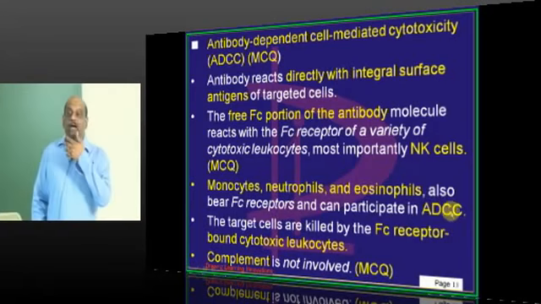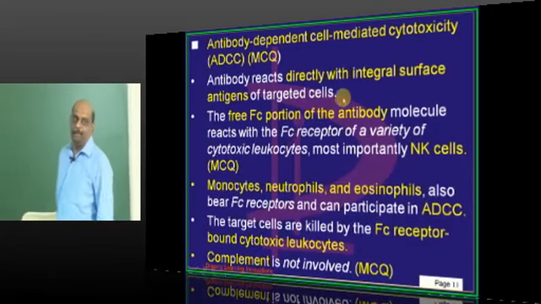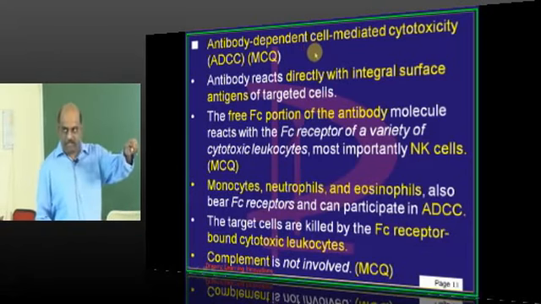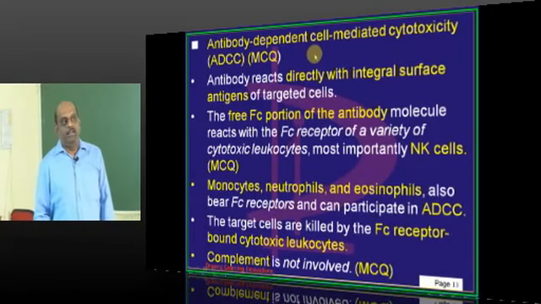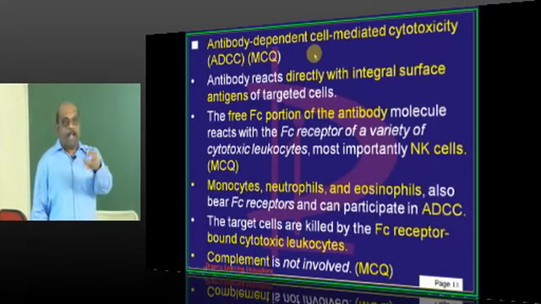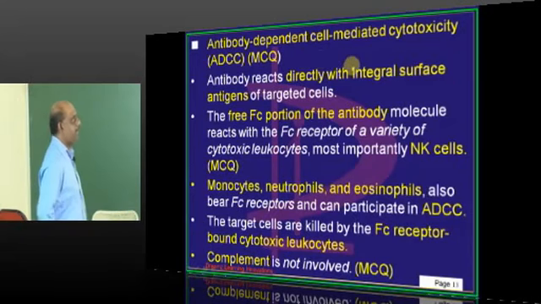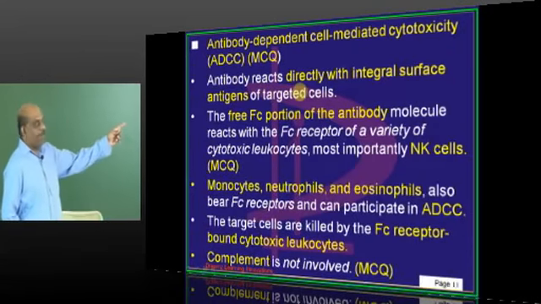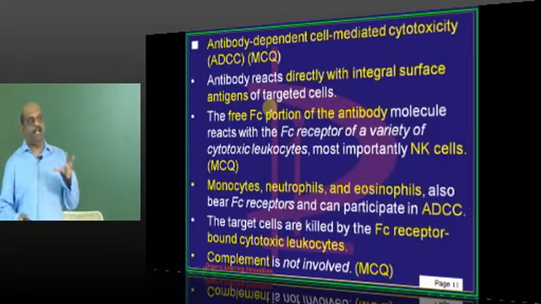Then we have what is called ADCC, antibody dependent cell mediated cytotoxicity, which is another example of a type 2 hypersensitivity reaction. What will happen in this? The antibody will react directly with the integral surface antigen of a targeted cell.